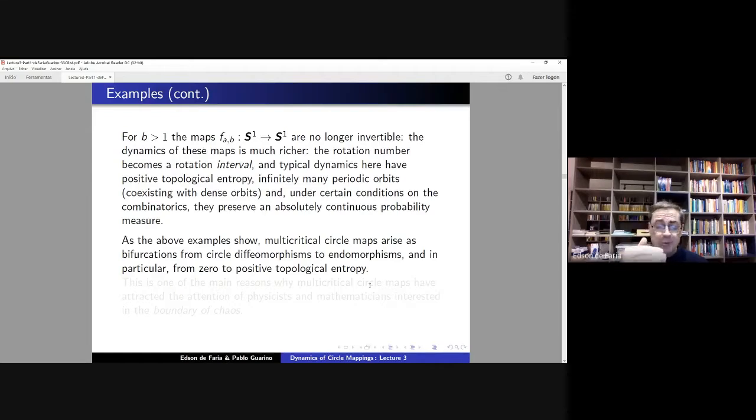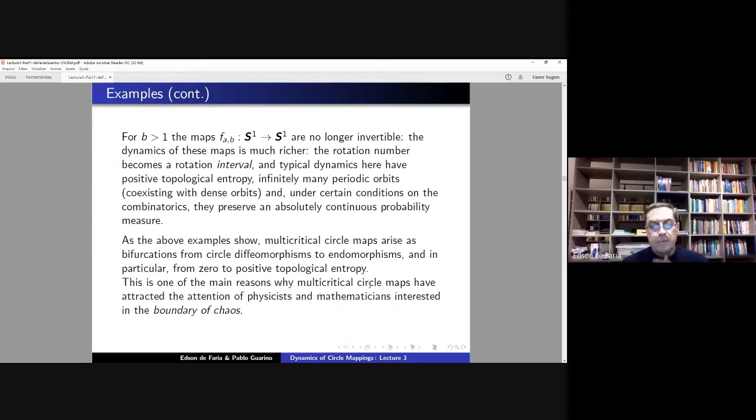The maps that we are studying are at the boundary between diffeomorphisms and these endomorphisms. So they are maps that lie at the boundary of chaos, as we like to say. They are maps which lie in the transition from zero entropy to positive entropy. And this is one of the reasons why they're studied by a lot of people.